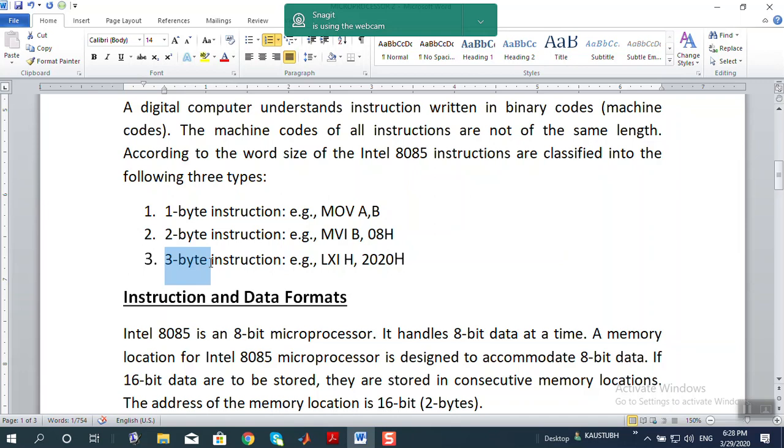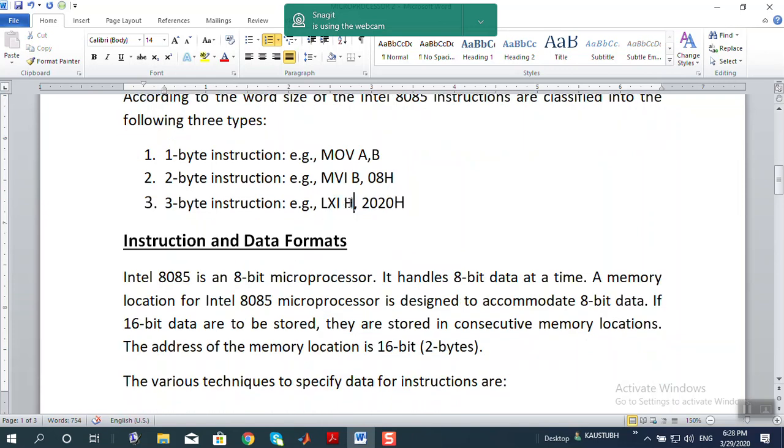Similarly, for the 3 byte instruction, as an example, LXI H. So this H here represents the HL register pair.